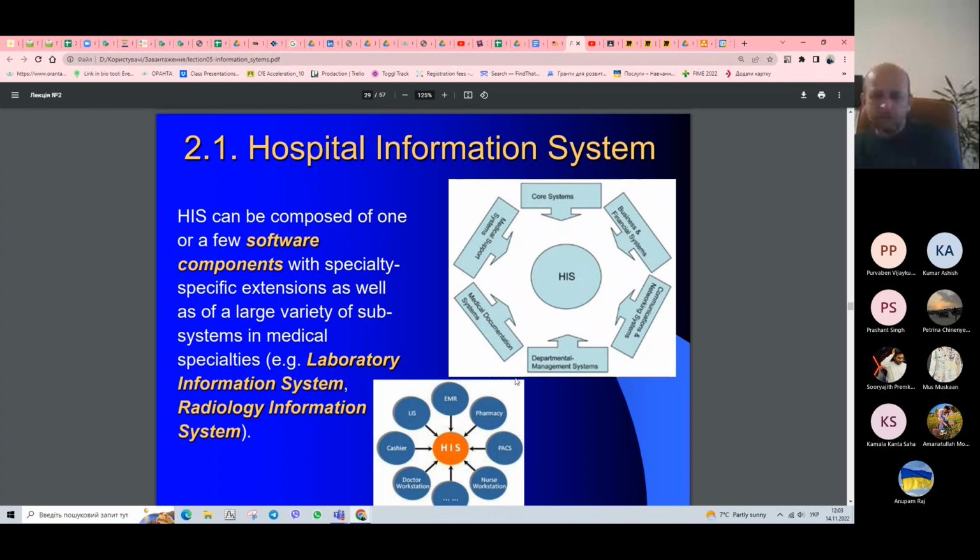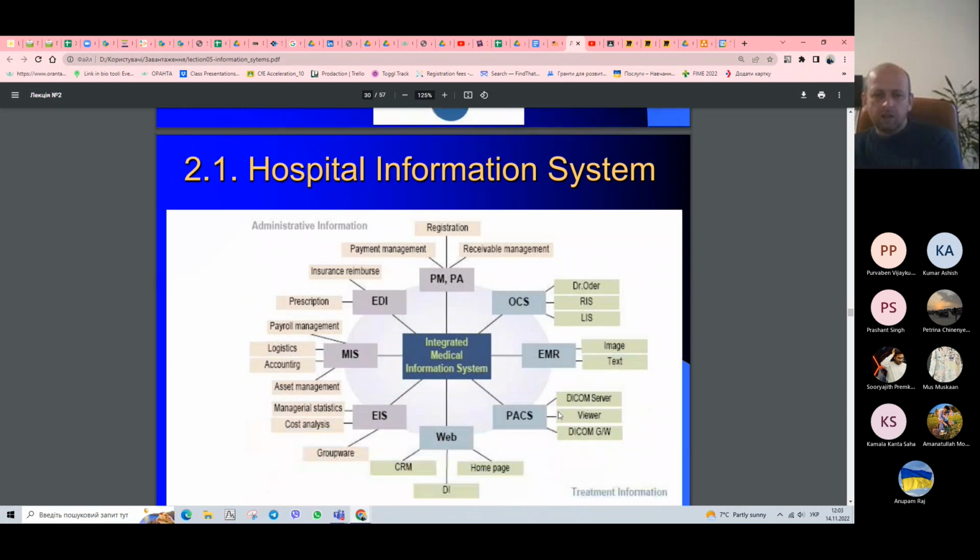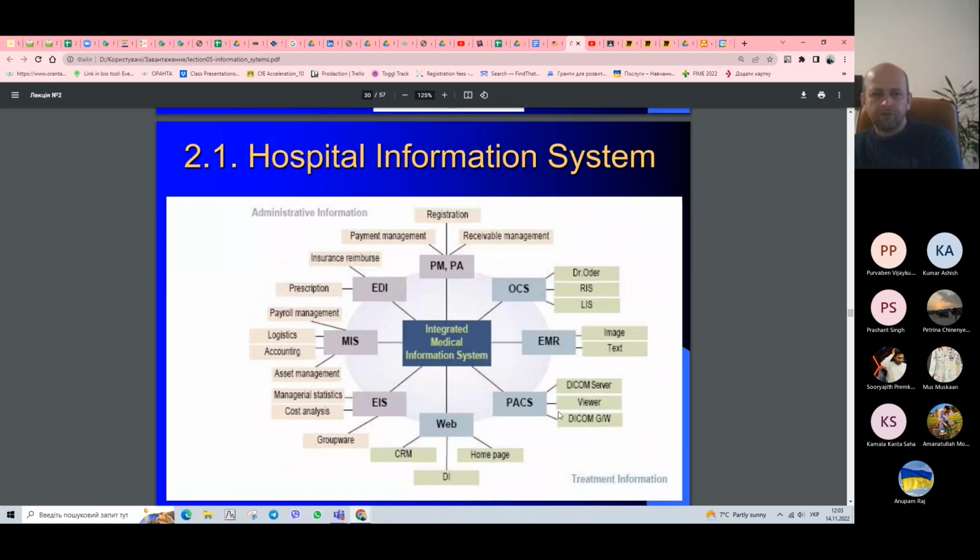From this, step by step, I think you start to understand that a lot of components and modules can be attached and should interact usefully and simply, and provide necessary information, administrative information.